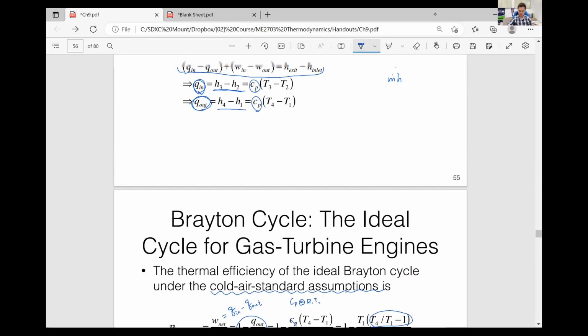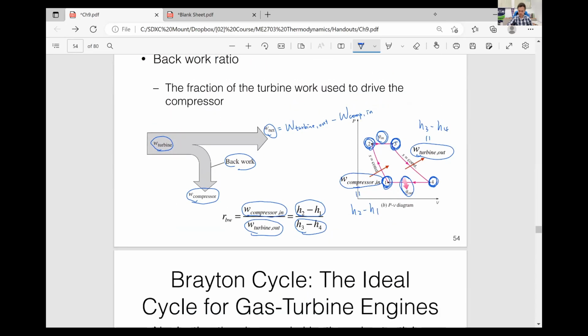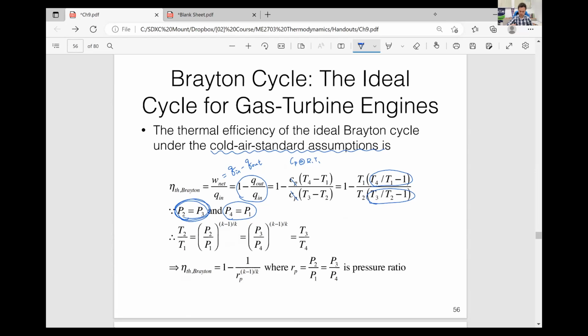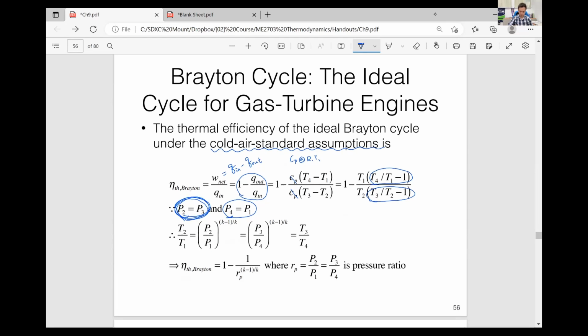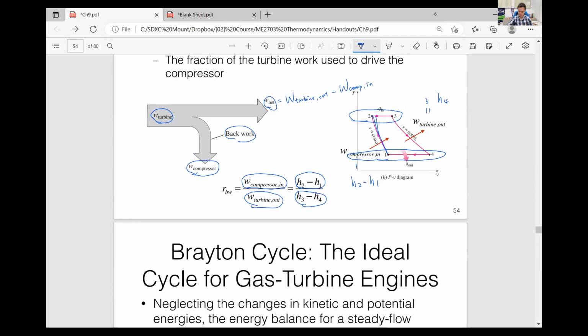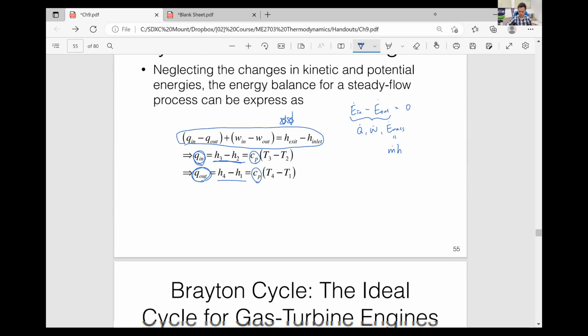So P2 is the same as P3, and P1 is the same as P4. Then process 1 to 2 is isentropic.